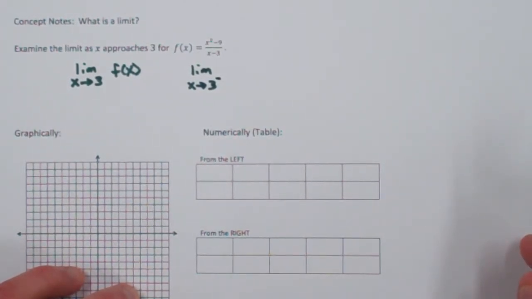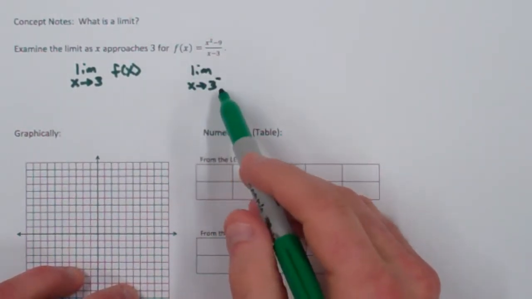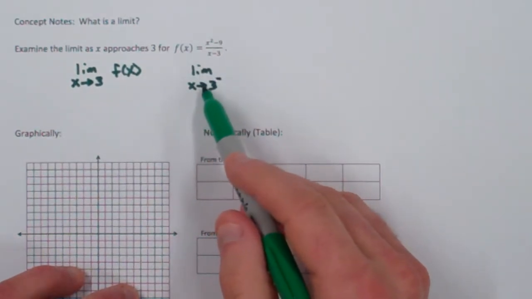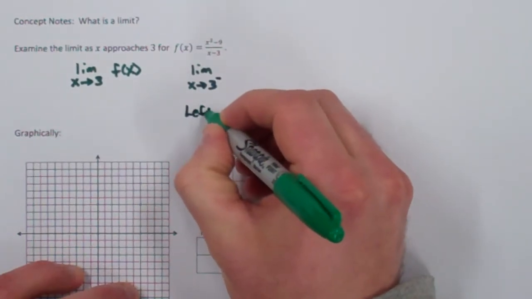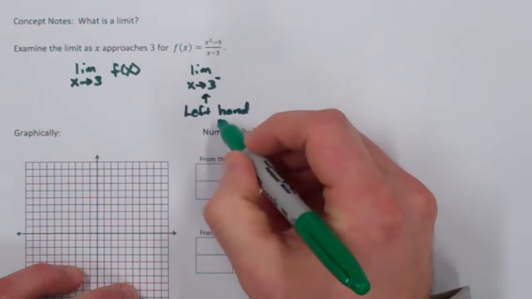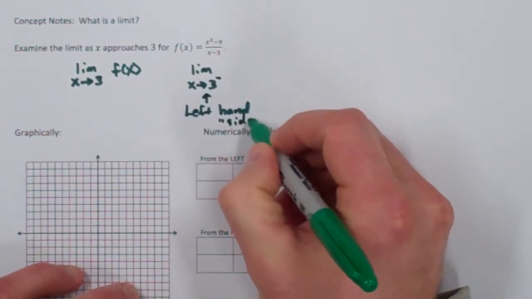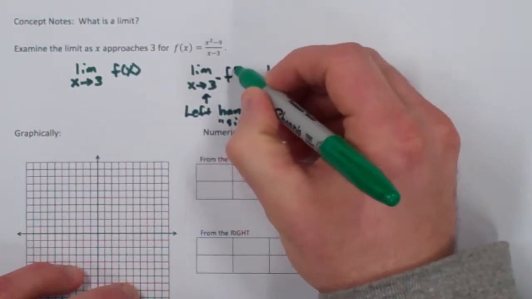In other words, there's no value, it's just a negative sign. It's not 0, it's not 1. So in limit notation, this means the limit as x approaches 3 from the left side, or from the left hand. We'll just put side right down here.